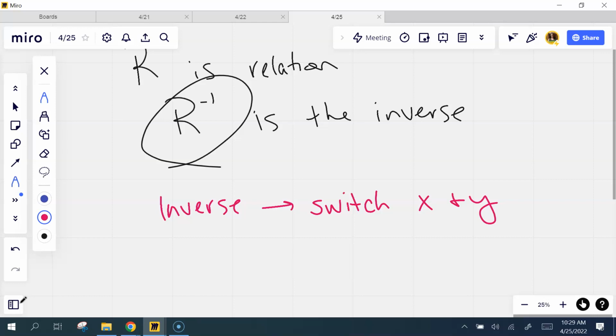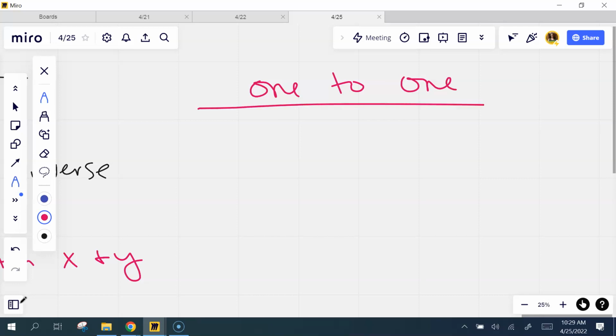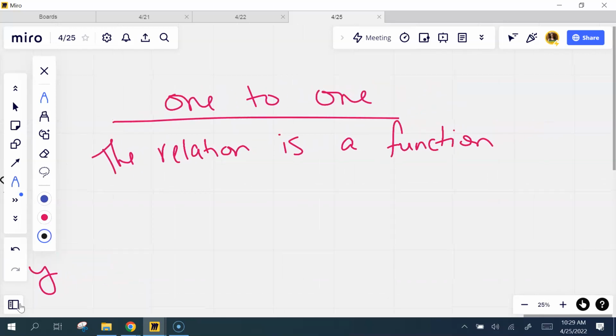Now, there are special kinds of relationships, which we call one-to-one. You have a relation that's a function. So the relation is a function. Now, what does it mean to be a function? We talked about this before. What's it mean to be a function?